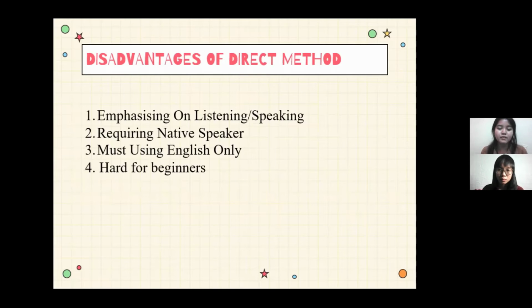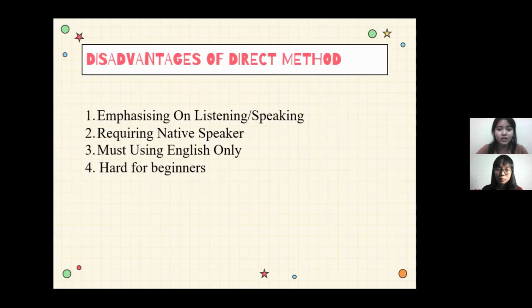So, because in Indonesia, sometimes the teachers are not really fluent in this, so it requiring native speaker. And number three and number four are related. In this method is only using English, so it's kind of hard for beginners sometimes to understand, because in Indonesia, students sometimes do not have some kind of a basic English.